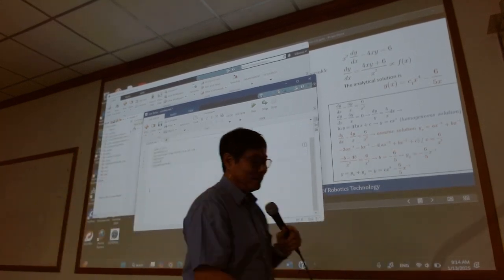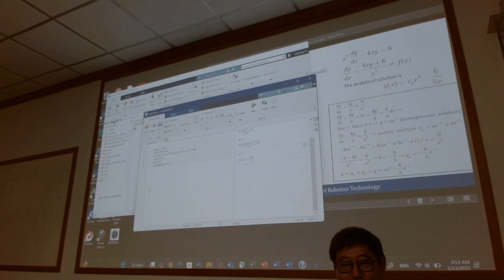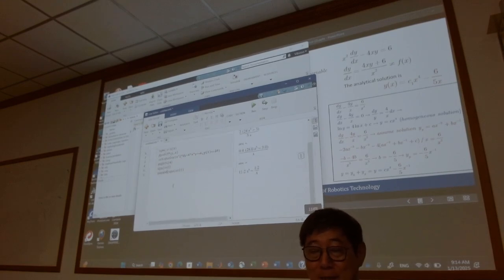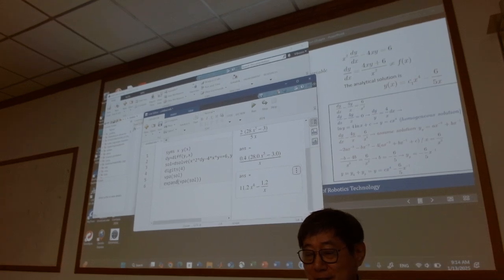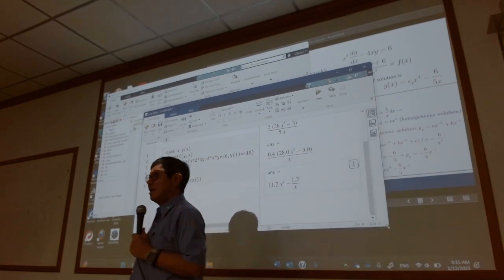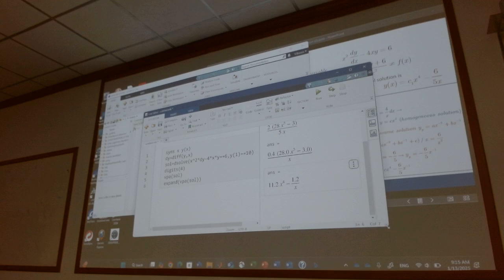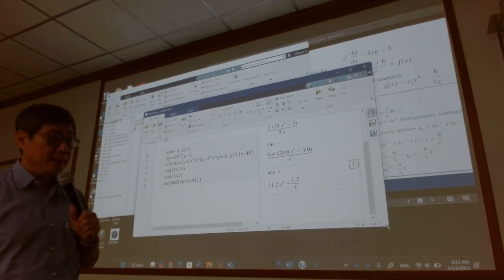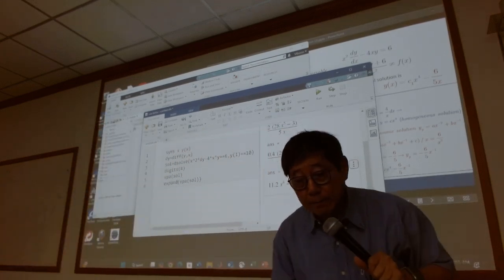Or you can make the system display a bigger font.